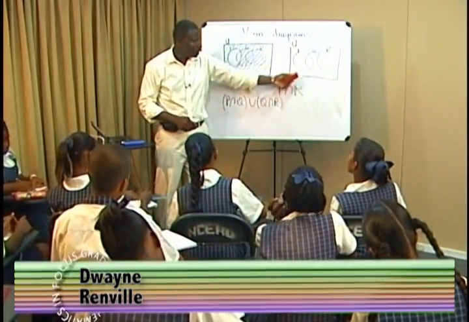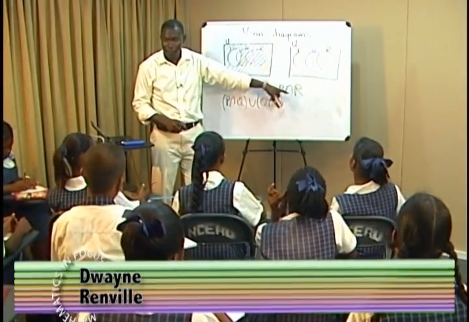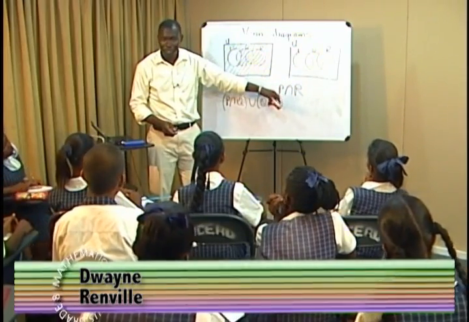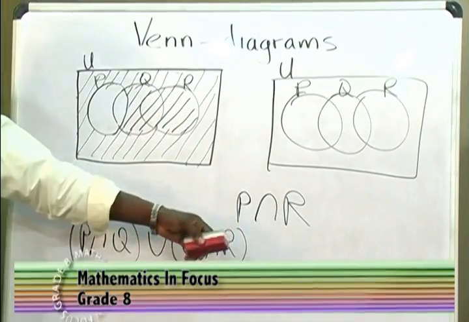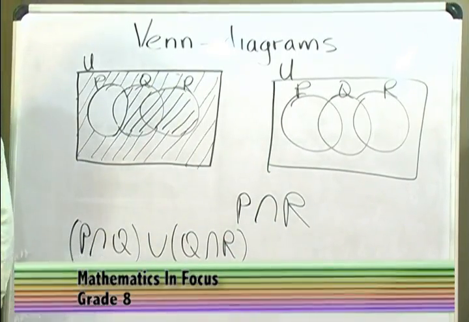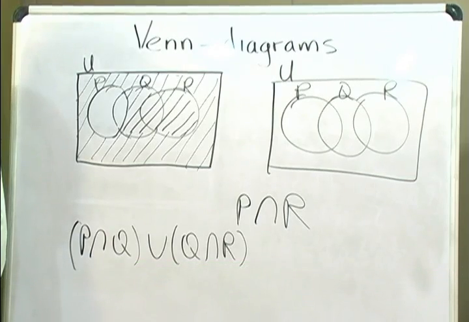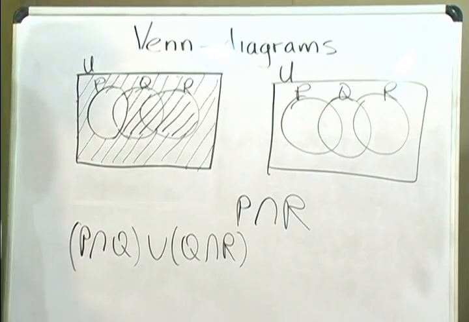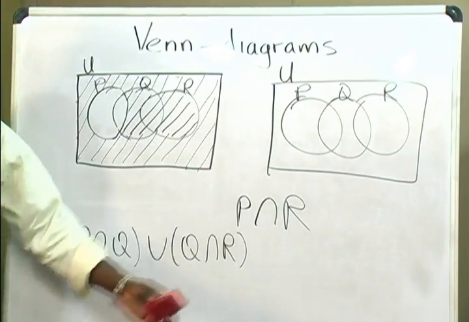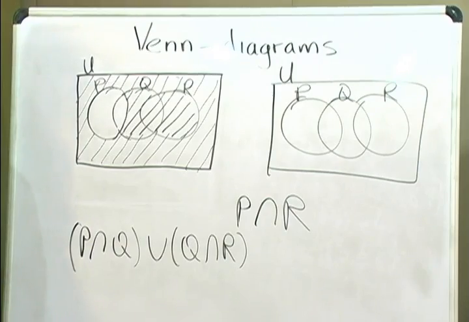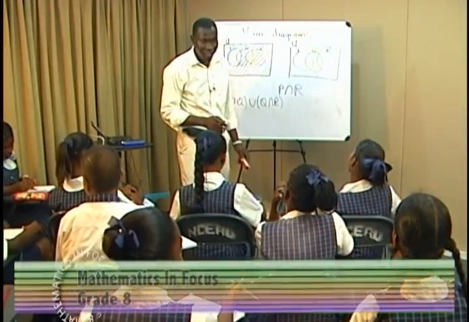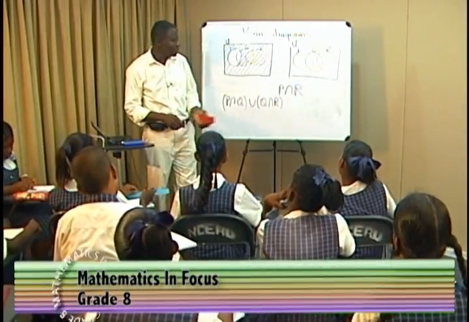For P intersect R, where do we shade? Everybody's silent. Where is the intersection with P and R there? They don't have any intersection. There is no intersection. Correct. So there is nothing to shade there. Yeah, there is no intersection.